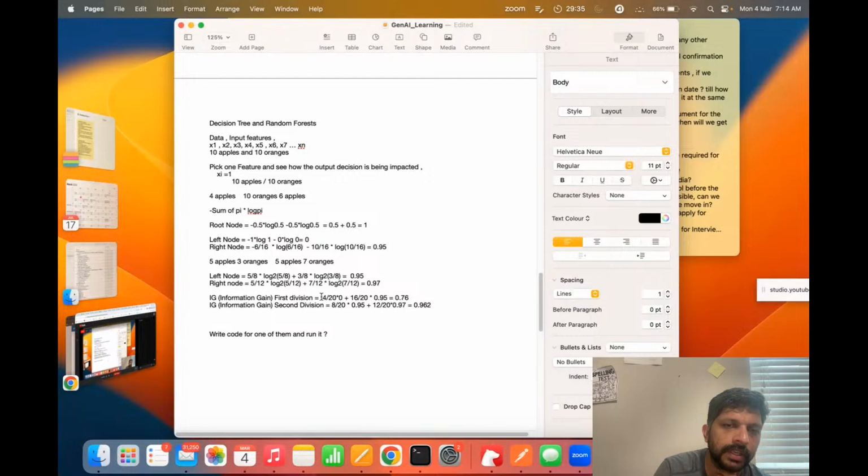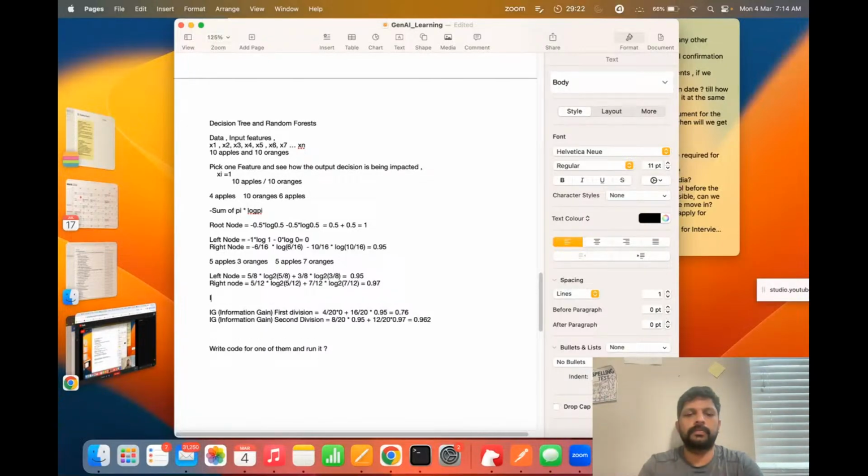It is missing one of the key things. The information gain formula goes like this: entropy of parent minus sum of weighted entropy of children.